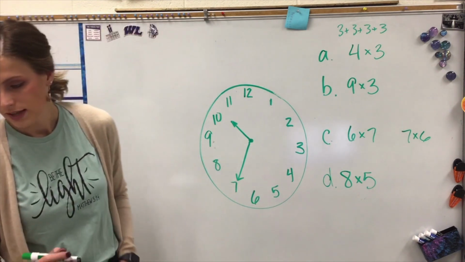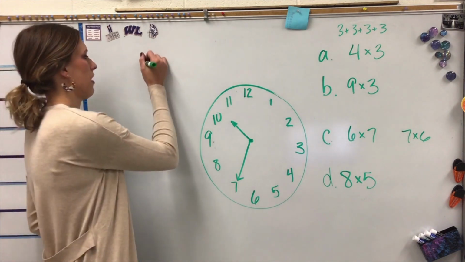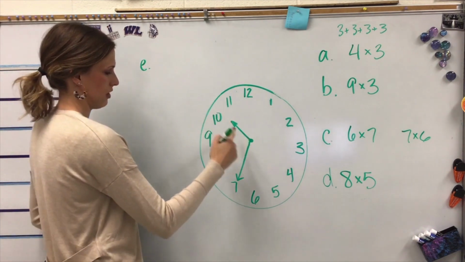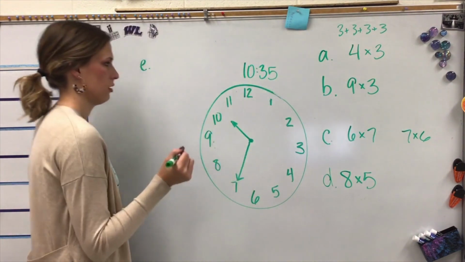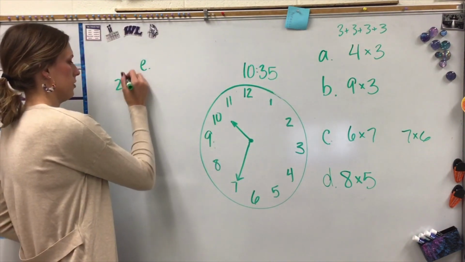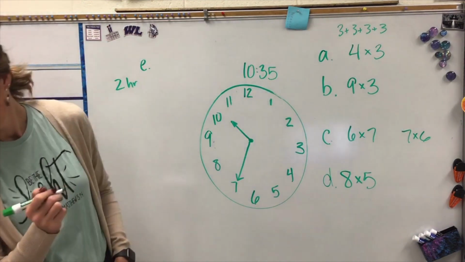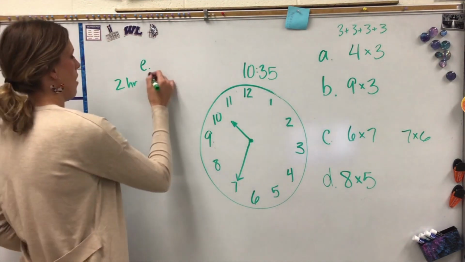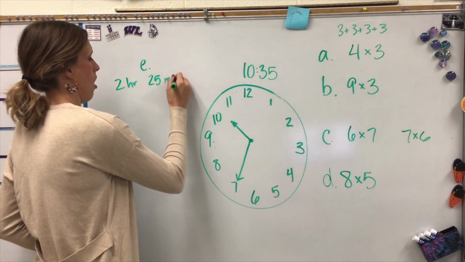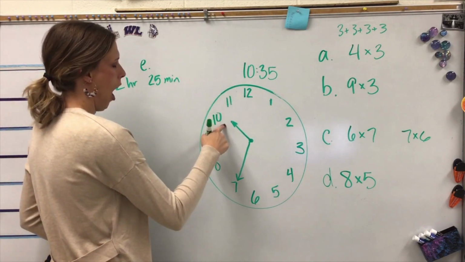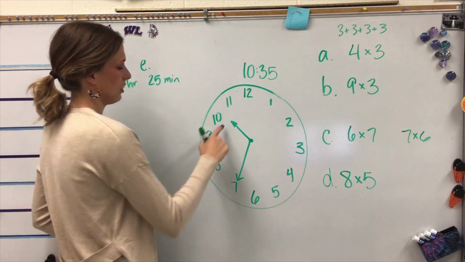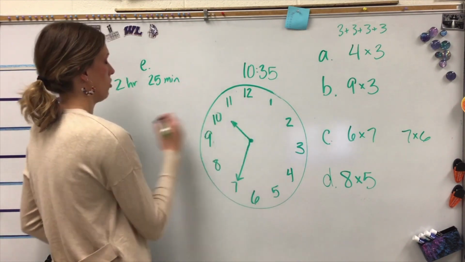E, what time will it be in 2 hours and 25 minutes? So 2 hours and 25 minutes after 10:35. Well, what's 2 hours after 10:35? 10:35, 11:35, 12:35.